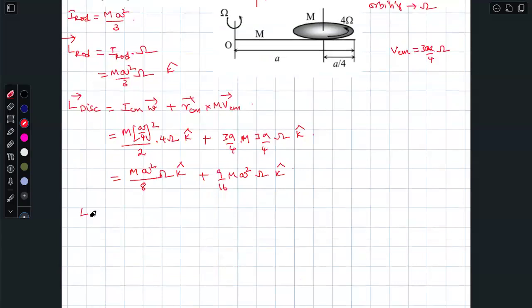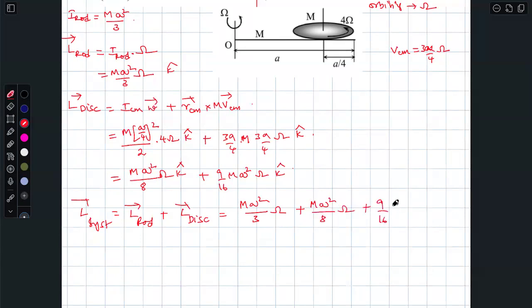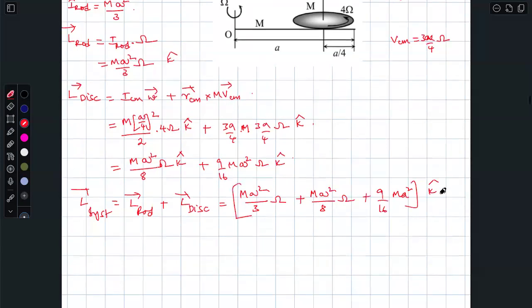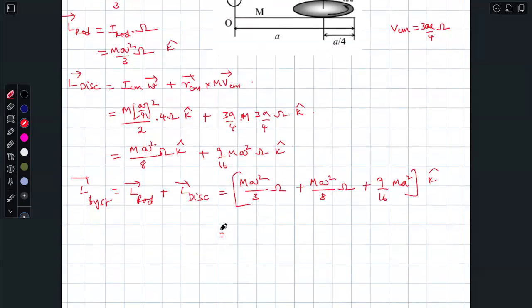Now overall L system is L rod plus L disk, which is ma square by 3 omega plus ma square by 8 omega plus 9 by 16 ma square k cap. Solving which you will get this as 49 by 48 ma square omega k cap.